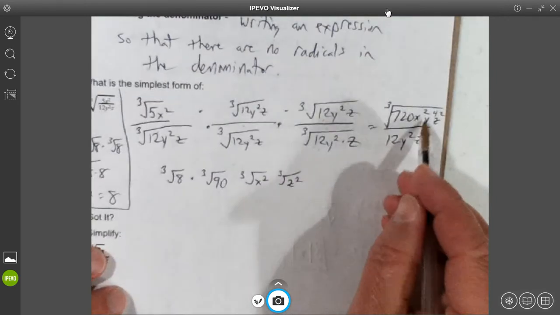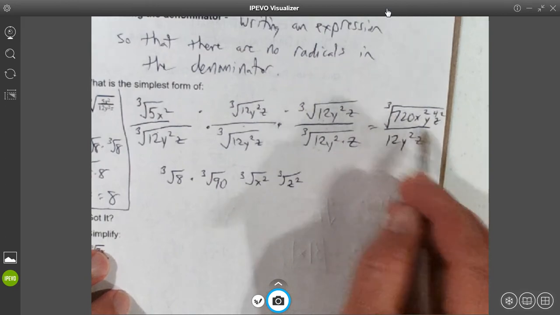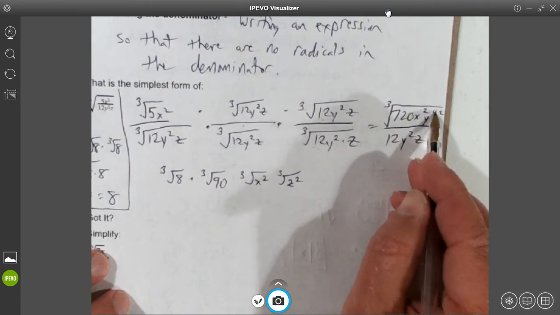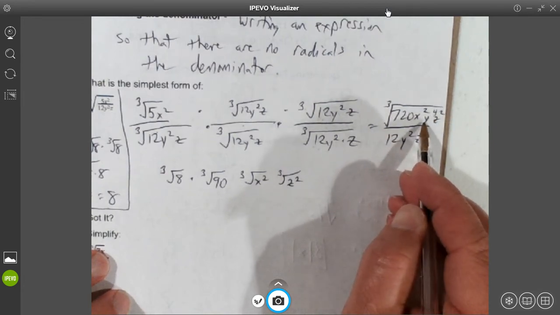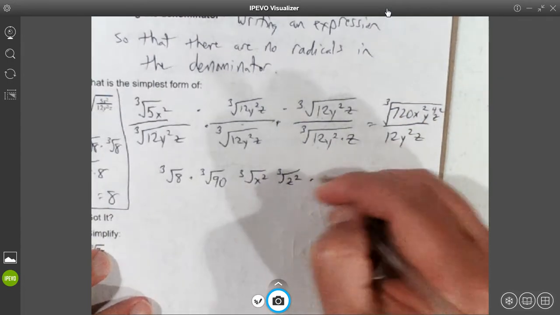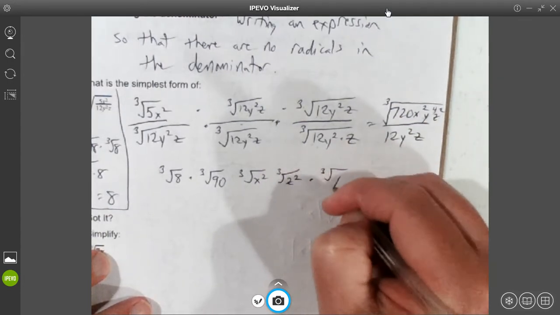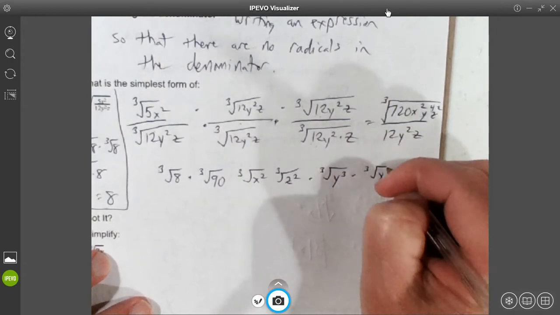Now the cube root of y to the 4th, since this is bigger than 3, I can find a factor of y to the 4th that is a perfect cube, namely y cubed. And then I've still got y to the 1st.